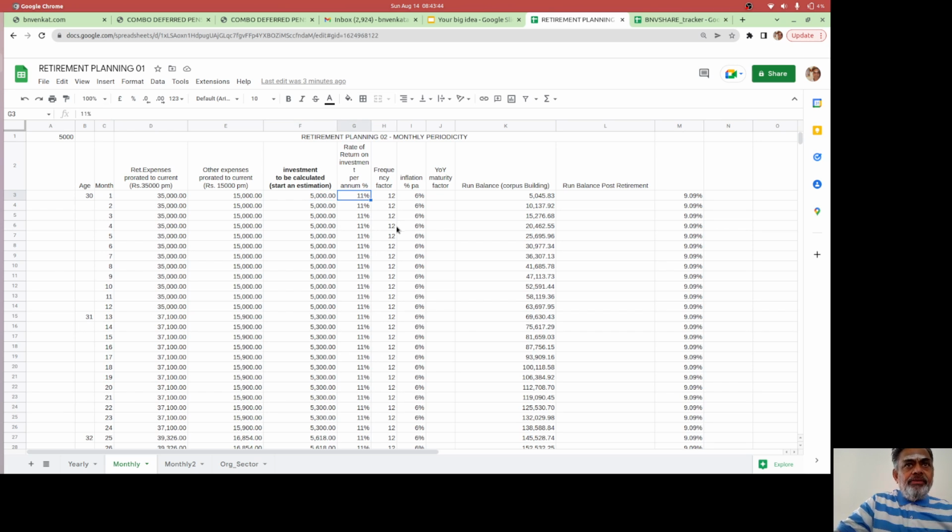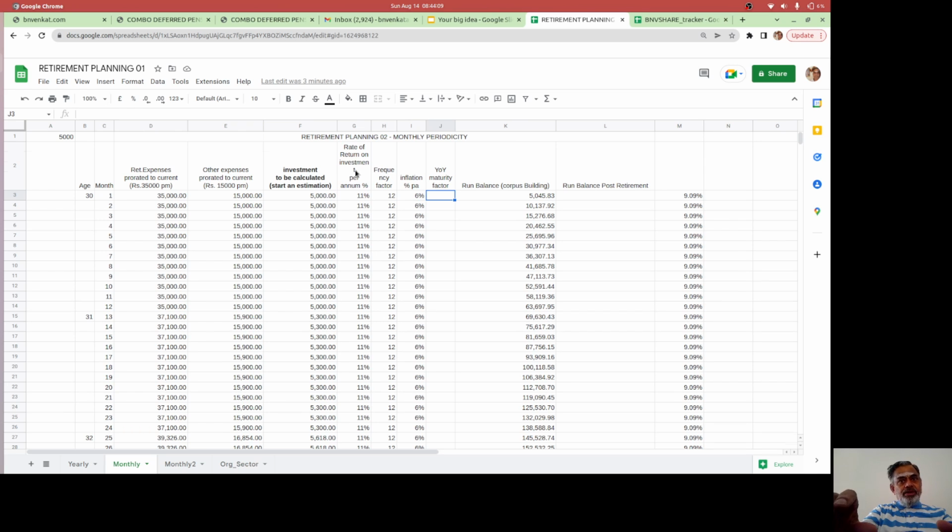The rate of return is 11% and the frequency factor is 12 because there are 12 installments for the year, and inflation protection is 6%. We have an additional column called year on year maturity factor.